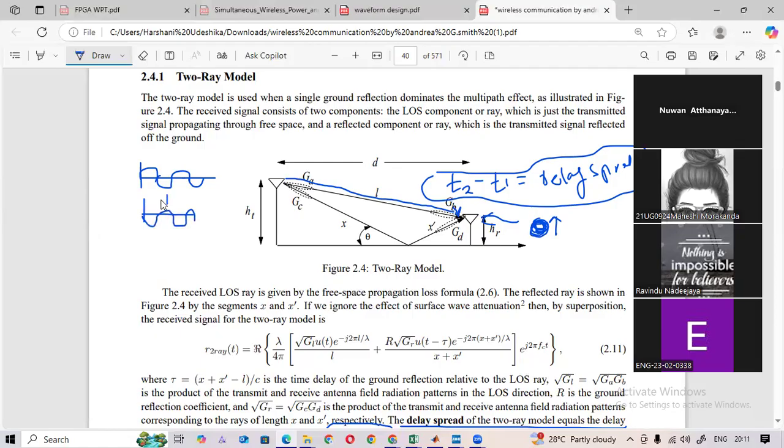What happens if these two signals add? This is 0 phase and this is π phase, then this signal and this signal will cancel out, no? This is destructively added.